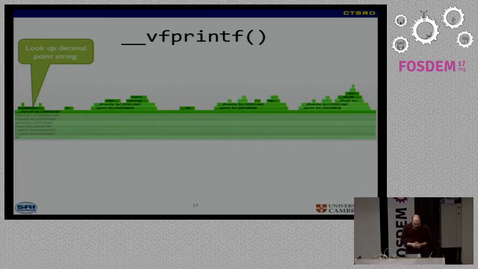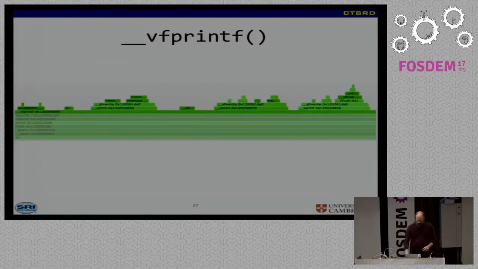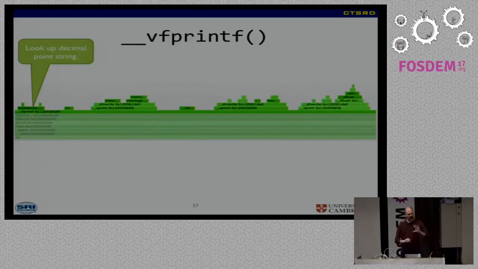This involves taking that locale we were passed and querying it and asking, so if I did happen to have to print a floating point number, how would I separate the whole part from the fractional part?